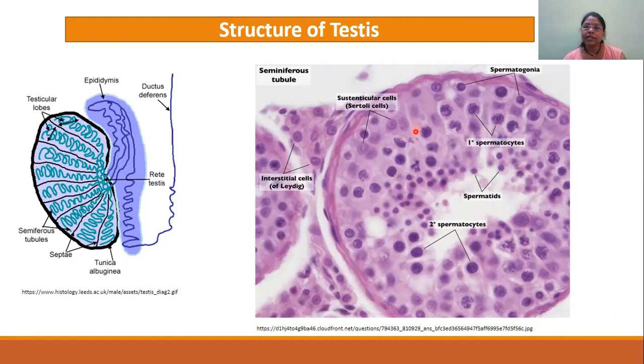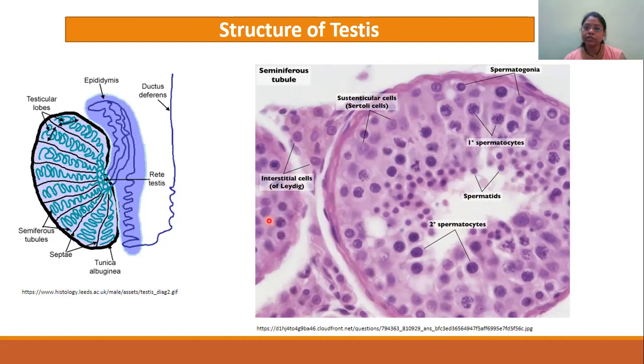Then in the same seminiferous tubules, there are some cells called Sertoli cells. These cells give support as well as nourishment to the developing sperms. So these Sertoli cells are very important for the formation of sperms, or for spermatogenesis. And between two seminiferous tubules, there is connective tissue.